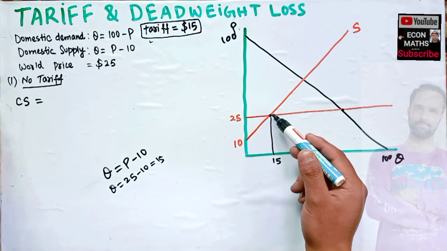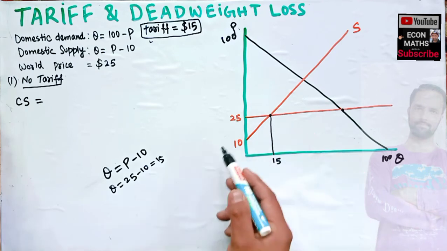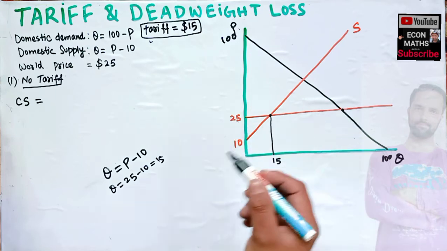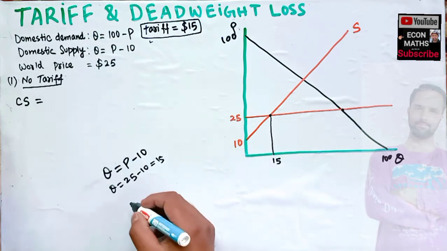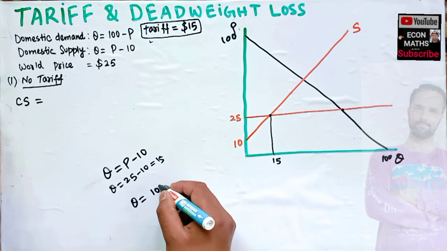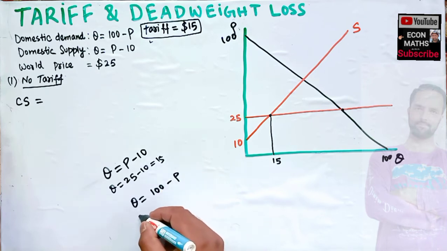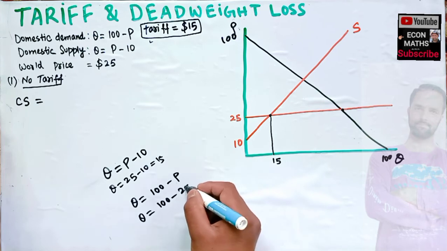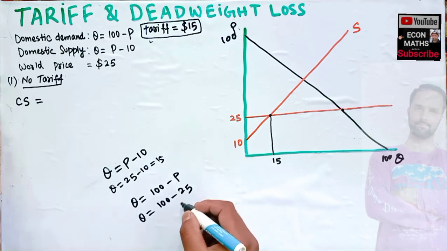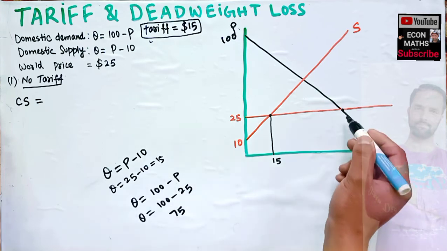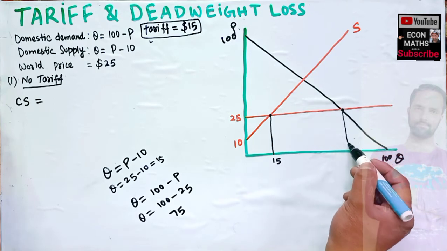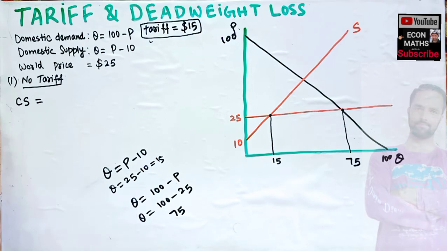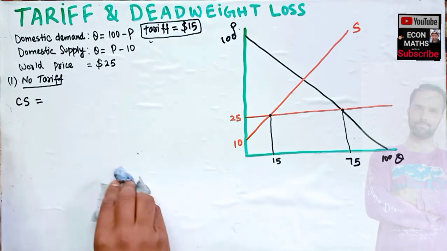Domestically supplied quantity will be 15, and corresponding to this $25 world price, what will be the quantity demanded? We have Q is equal to 100 minus P, so Q is 100 minus 25, which is 75. So we have 75 as quantity demanded.